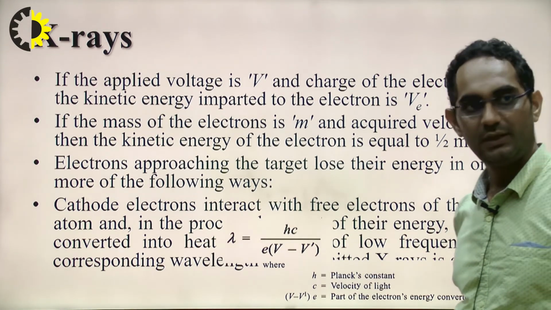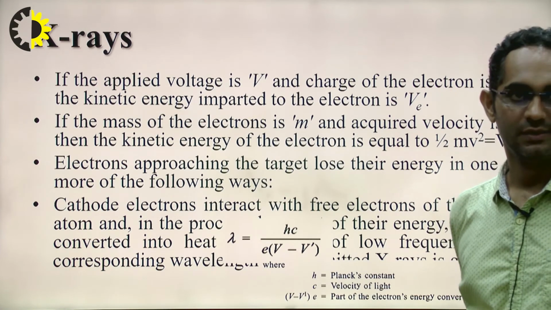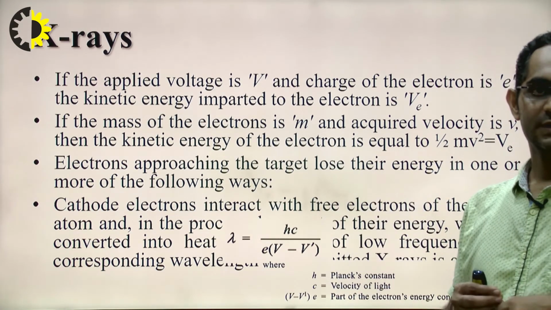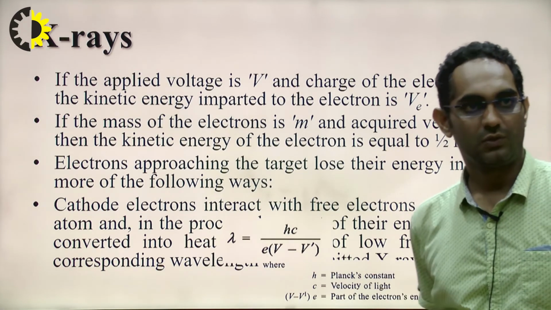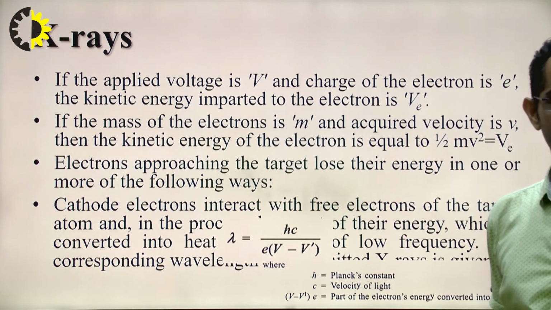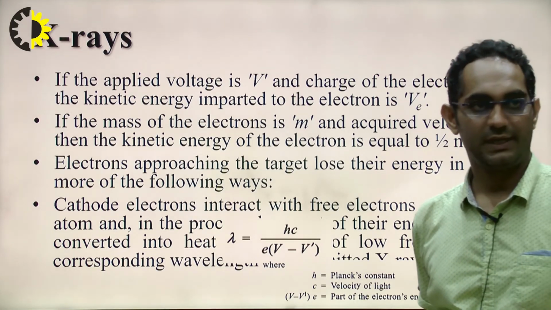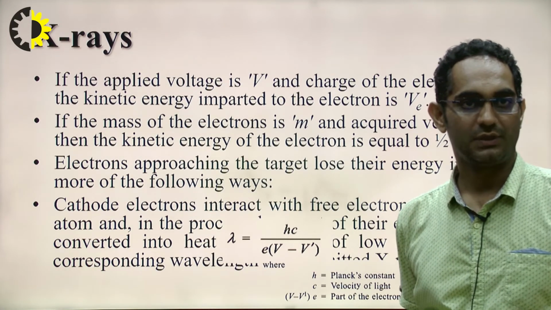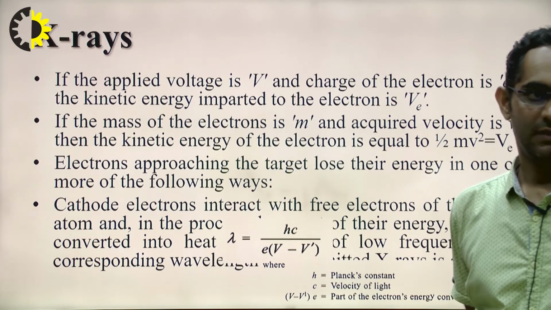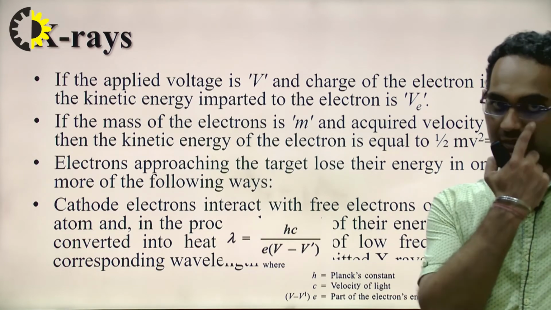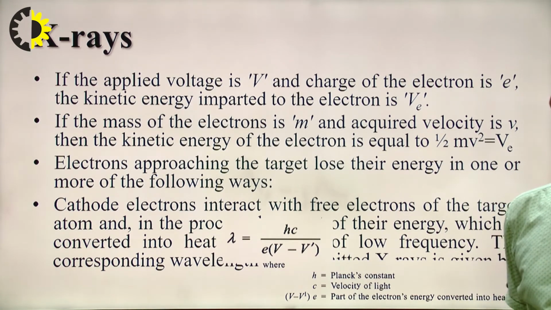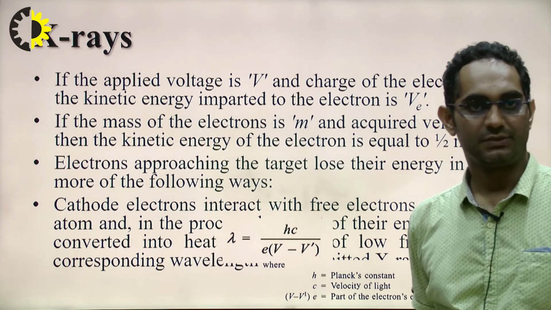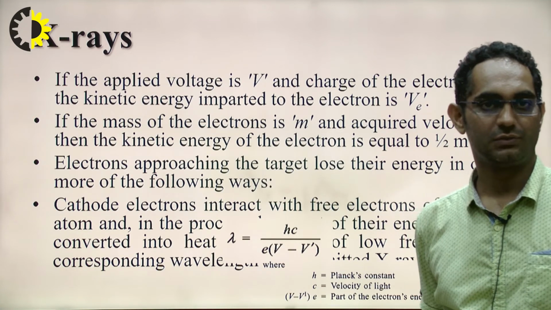Electrons approaching the target lose their energy in one or more of the following ways. Cathode electrons interact with the free electrons of the target atom and lose energy, which is converted into heat. The formula can be written like this: λ = hc / e(V − V′), corresponding to high velocity and lower frequency.